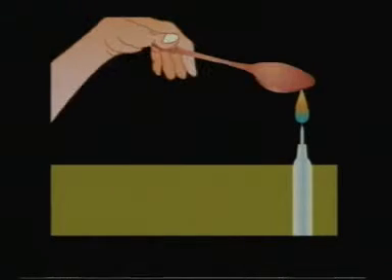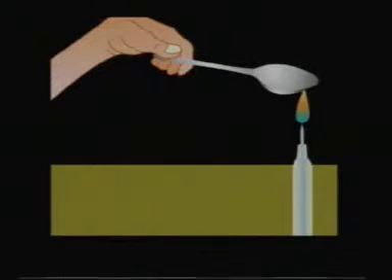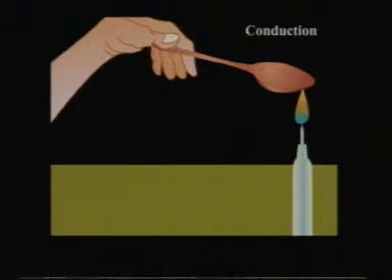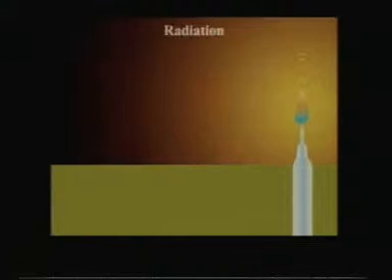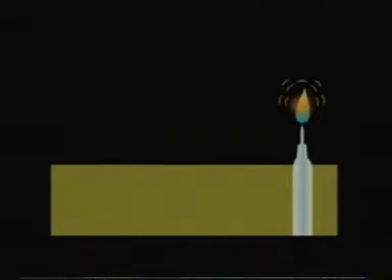You see here a spoon conducts energy to the hand, and if you have done this kind of thing, your hand starts burning. This is a very familiar process to you. Here it is radiation. You see the flame of the candle is emitting energy on all sides, in all directions. This is radiation.